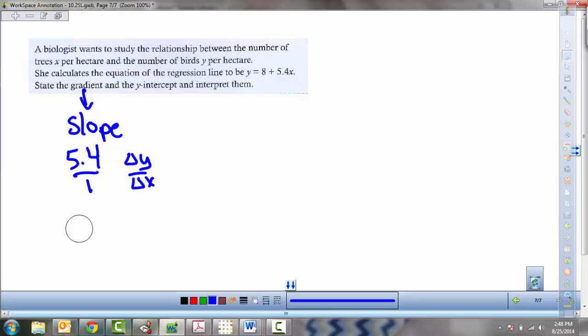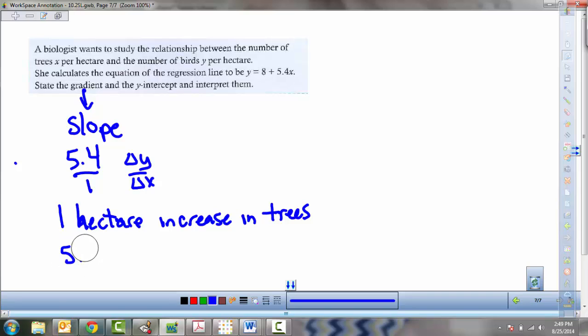So if for every 1 hectare increase in trees, we see 5.4 increase in birds.